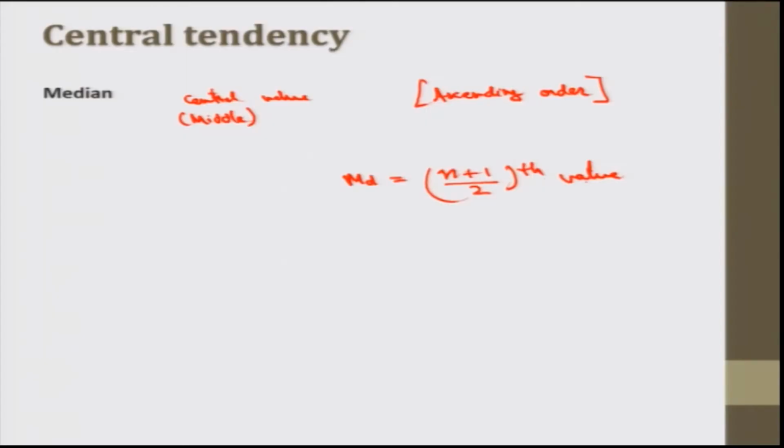If I have 9 data points, it is 9 plus 1, 10, by 2, that is the 5th value. The 5th value can be anything; in the case of temperature, it can be some temperature value. So, it is the (n plus 1) by 2th position, where 1 is the position of the smallest value and n is the number of pieces of data.